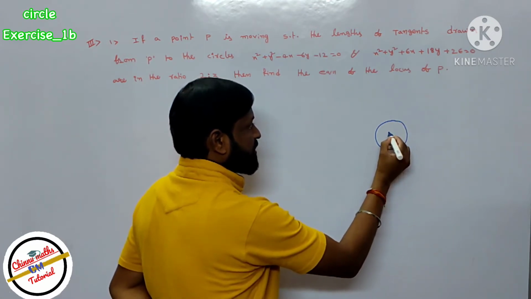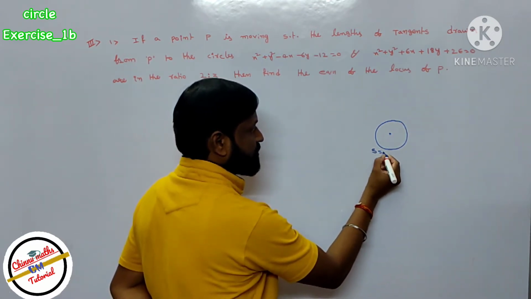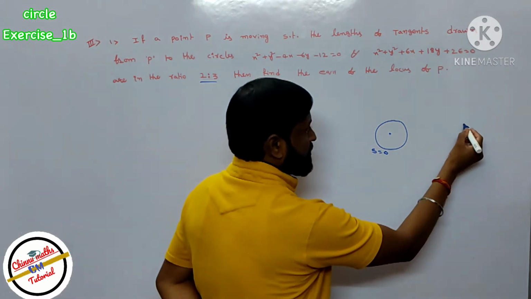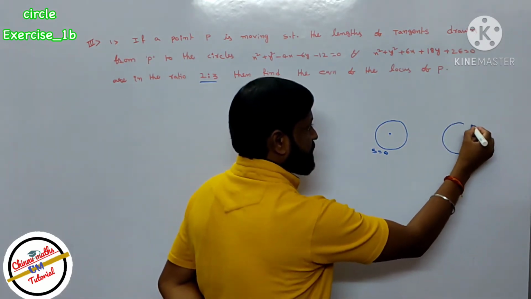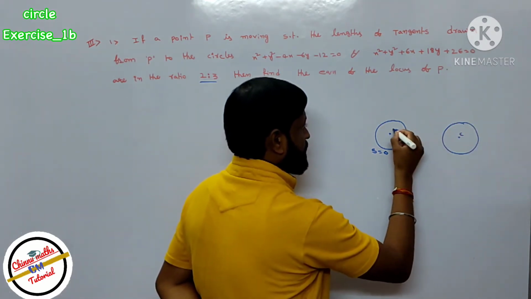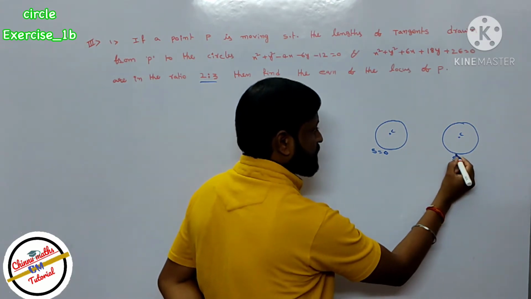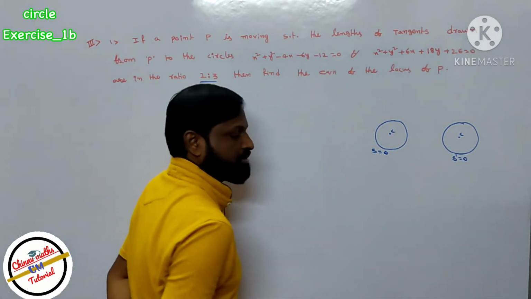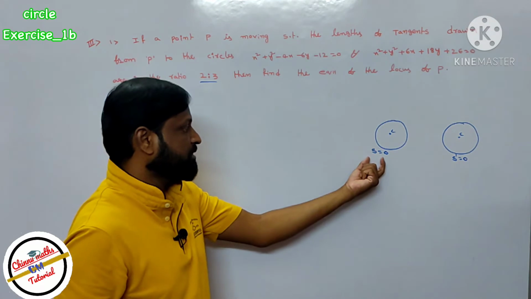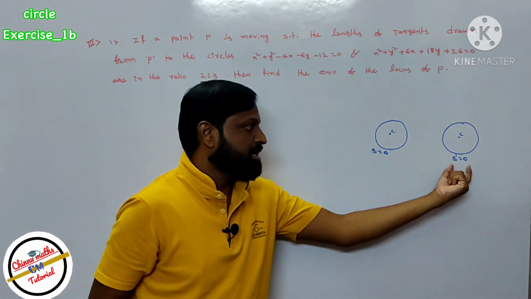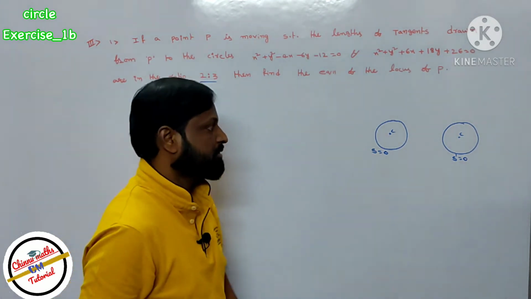It is the first circle, S equal to 0. The other circle equation is S dash equal to 0. S equal to 0 is the first circle equation. S dash equal to 0 is the second circle equation.